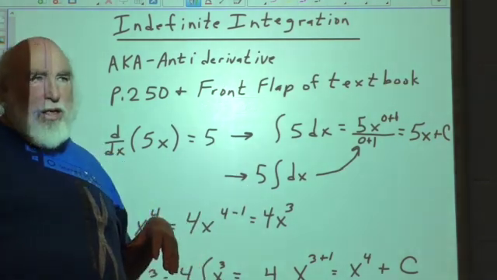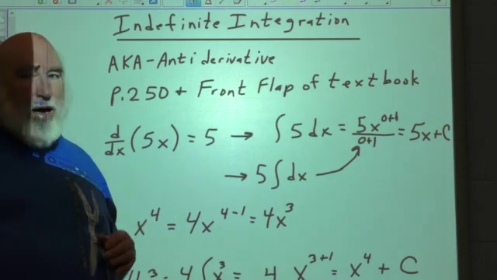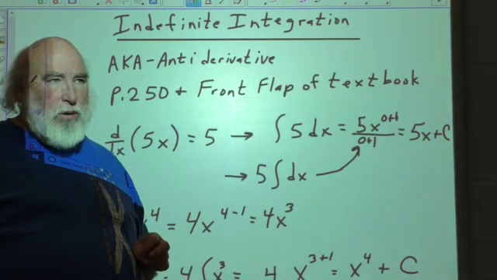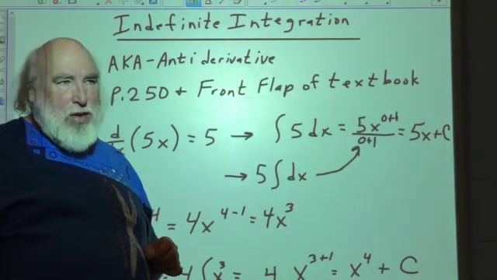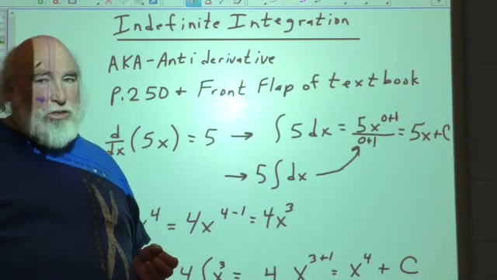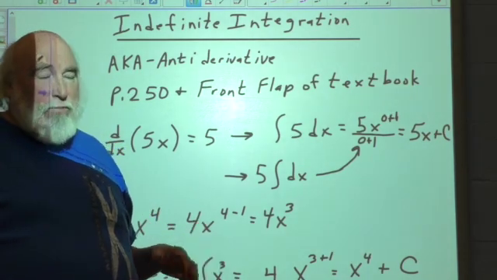But in algebra, it's exactly the opposite. You do the addition, subtraction first, then the multiplication, division, and then the exponent, and then the parentheses. It's the same thing. We're just doing it backwards.